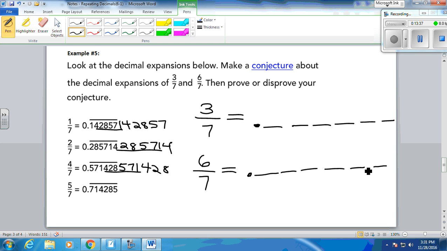So let's look here. It went 1, 4, 2, 8, 5, 7, and then this one picked up at 2, 8, 5, 7, 1. Well, the only digits that they're using are either a 1, 4, 2, 8, 5, or 7. To think about how things match up, 1/7 and 2/7, 3/7 would go right here in between 2/7 and 4/7.